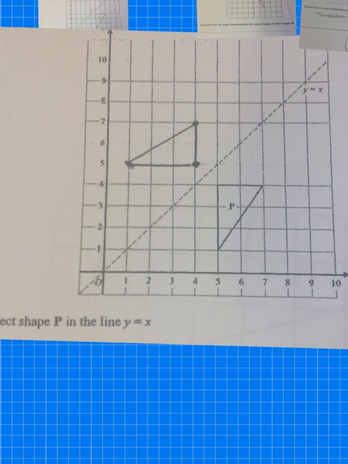Okay, so here's how you do it. You must get a ruler and you must actually put it in a diagonal. You must follow the way the points are moving. So this point here, if you can imagine, is half a square away from the line, so it's going to be the other half here. Okay, if you get a ruler and joined it up, you'd realize that it goes from there to there.